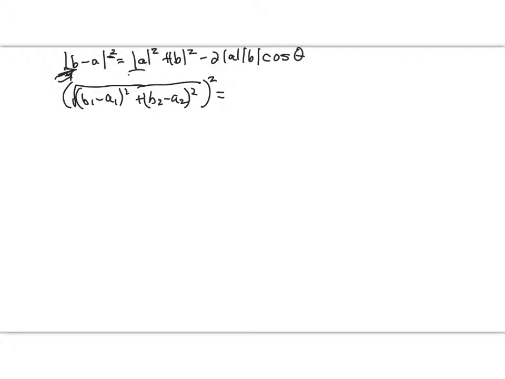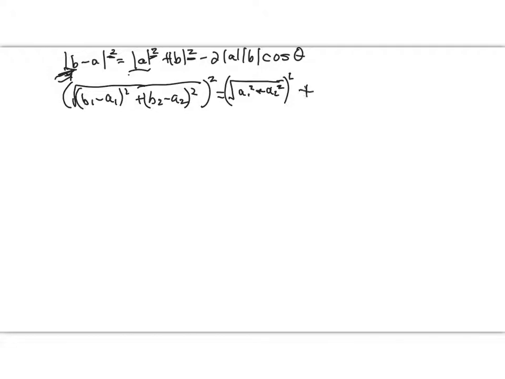Now for this term, the magnitude of A. Well, the magnitude of A is the distance between the x and the y component. So that's going to be A1 squared plus A2 squared and I have to square that as well because that's squared in my formula.